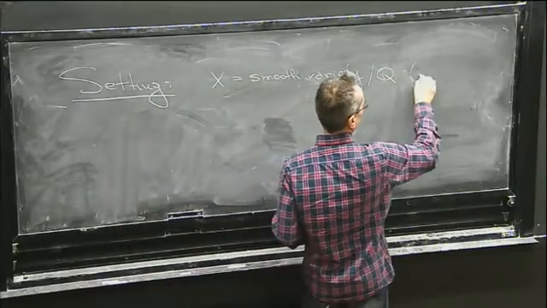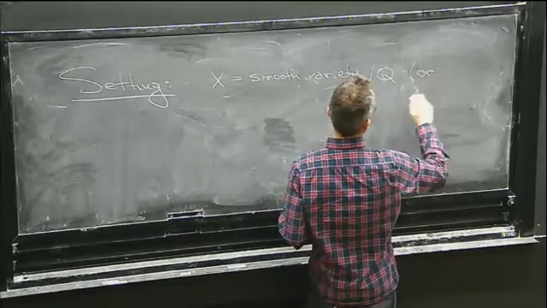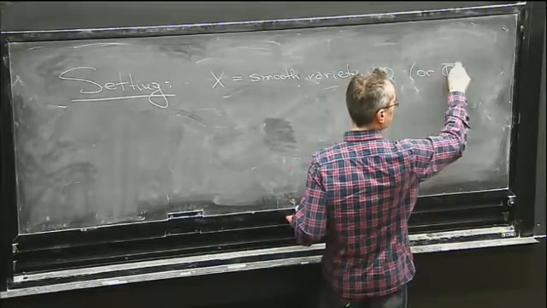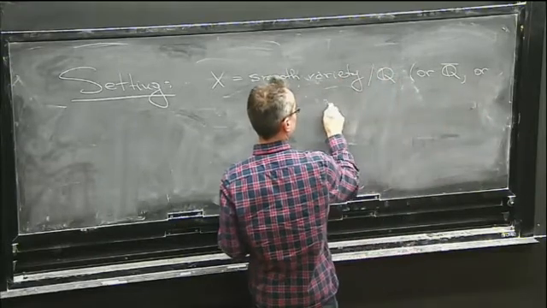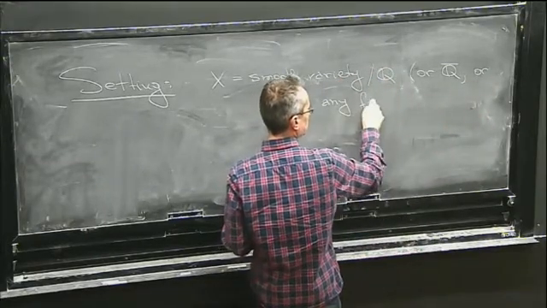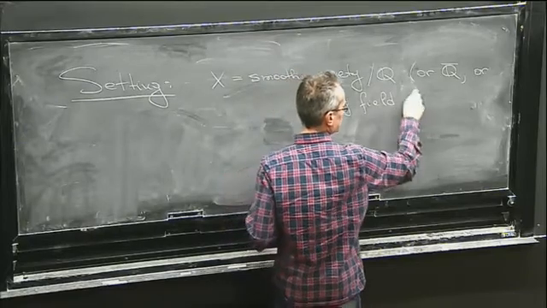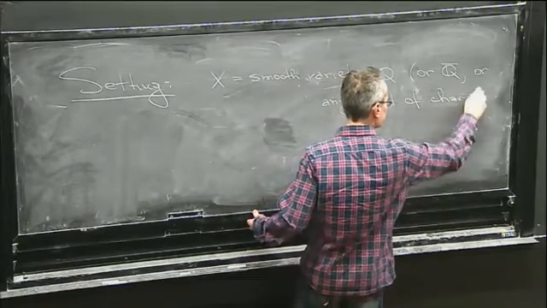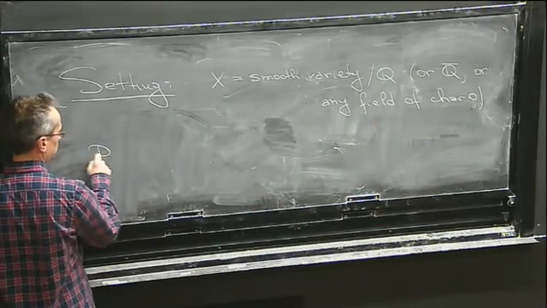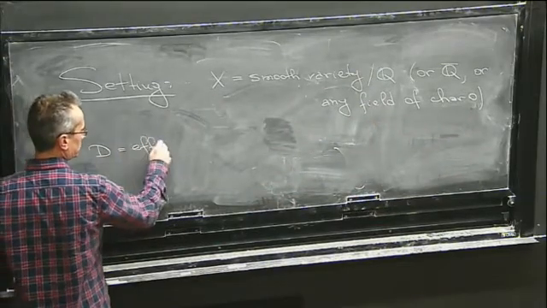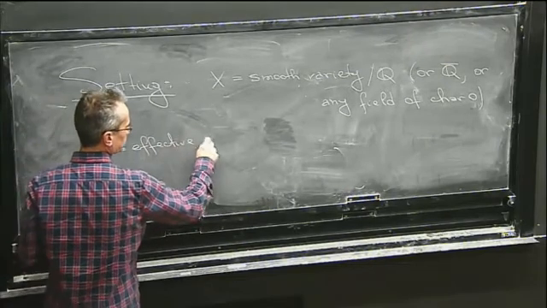If you prefer, the more natural setting is to work over the algebraic closure of Q or any field of characteristic 0, in fact. But it should be defined in characteristic 0. And we want to study singularities for some divisor D. So D will be an effective divisor on X.